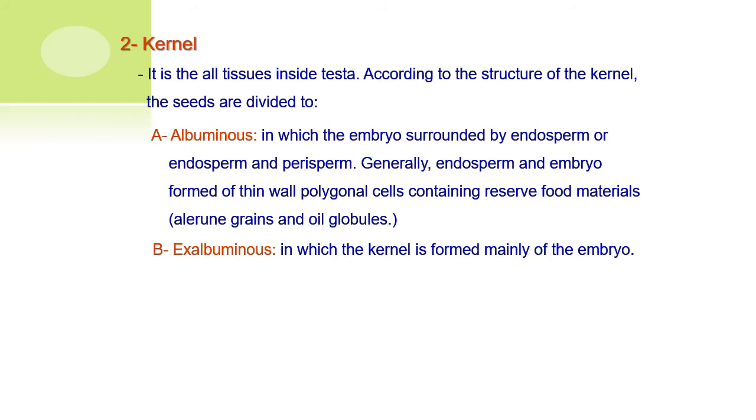Both the endosperm and embryo are formed of thin-walled polygonal cells containing their food material of aleurone grains and oil globules, as we said before. If the endosperm is absent, the seed is described as exalbuminous seed, which is formed of the embryo alone as the inner tissue, and the seed coat or testa formed of different layers.